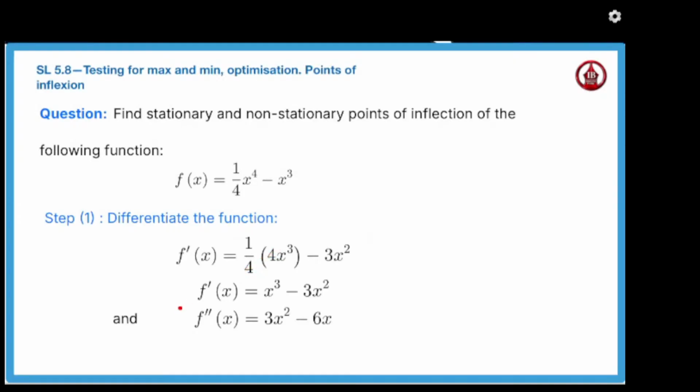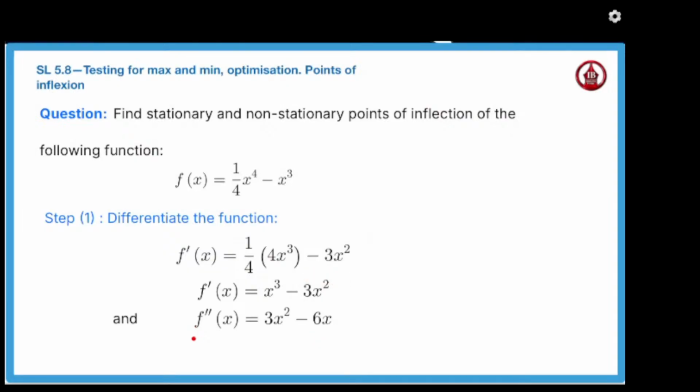Now, the second derivative. For the second derivative, again, the power will go to the left and we subtract 1 from the power. So this will be 3x squared. Similarly, from the second term, power will go to the left, 3 times 2, 6, and from the power we subtract 1, so x only.